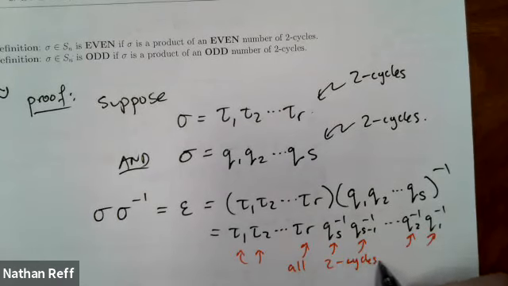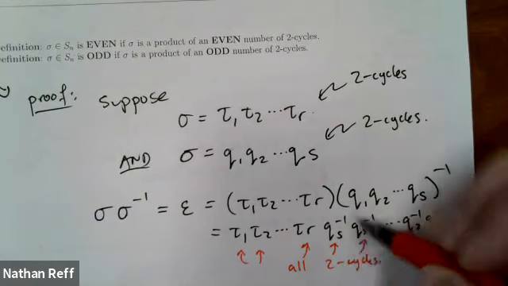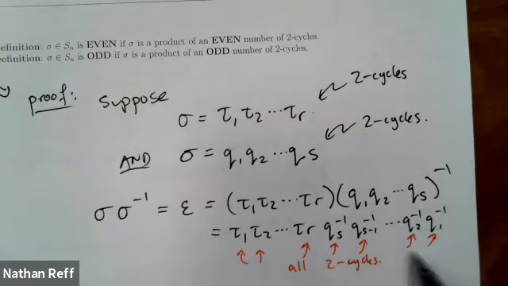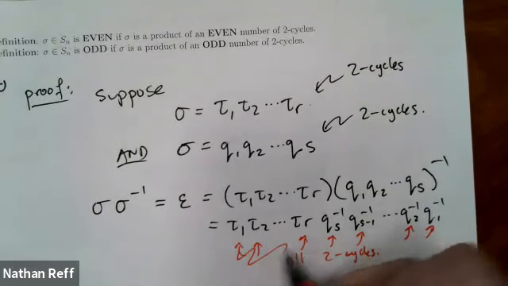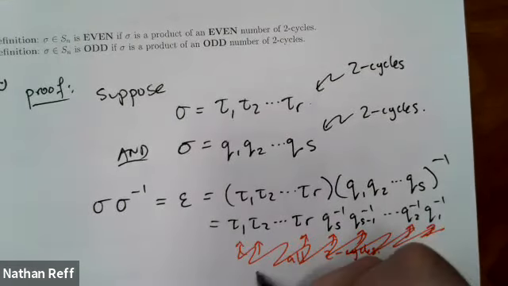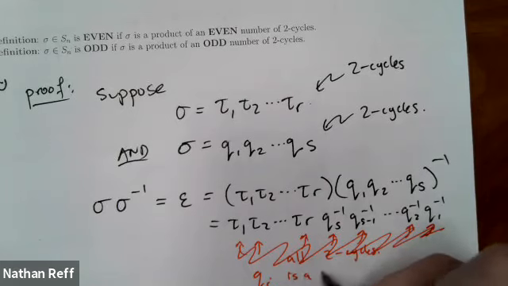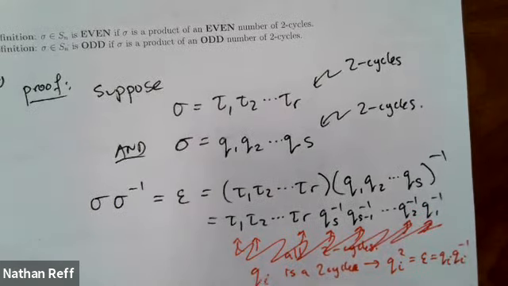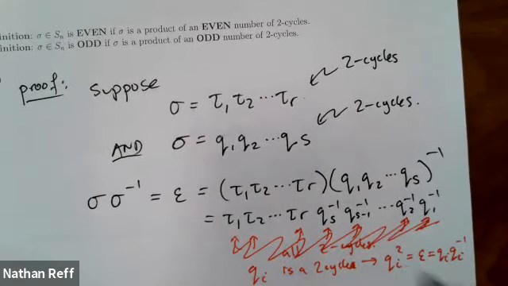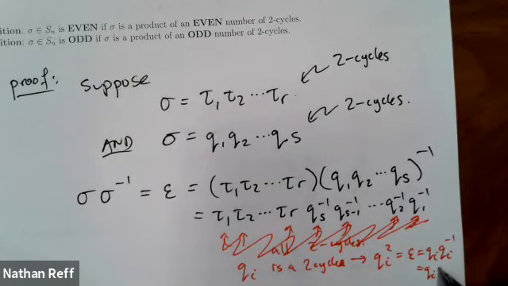Well, here's the thing. Maybe I haven't convinced you yet, but maybe I should say this first. Qi is a two cycle. So that means Qi squared is the identity, which means it's Qi inverse, right? They are their own inverse. Do you see that?